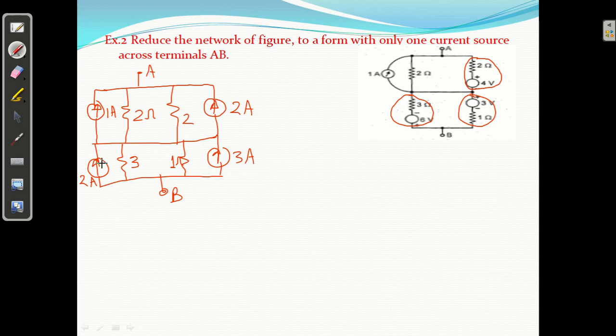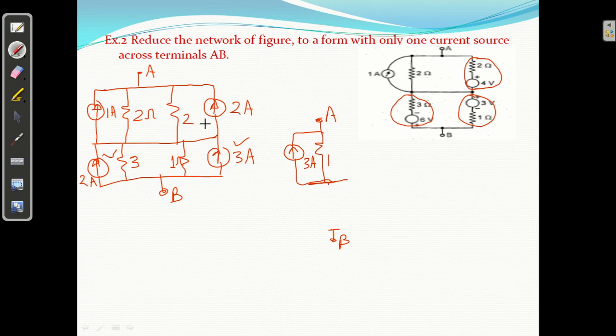Now you can say this 2 ampere and 3 ampere are in parallel, you can add, it will become like that. A, this is B. You can say these two are in parallel, 2 and 2 parallel, 1 ohm, and 1 and 2 in series, so you can add, how much will it be? 3 ampere here.